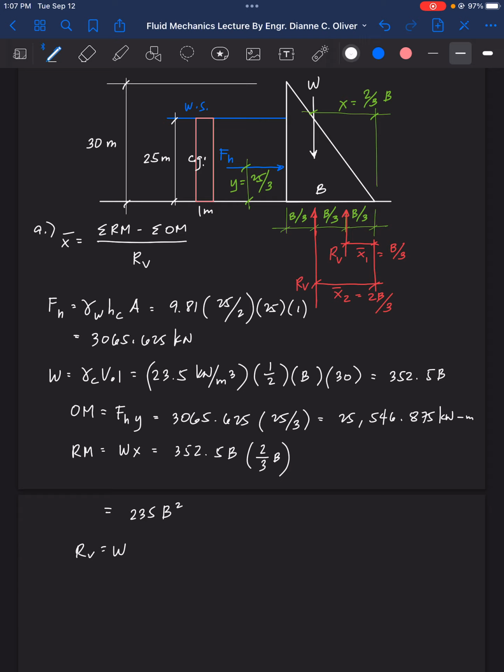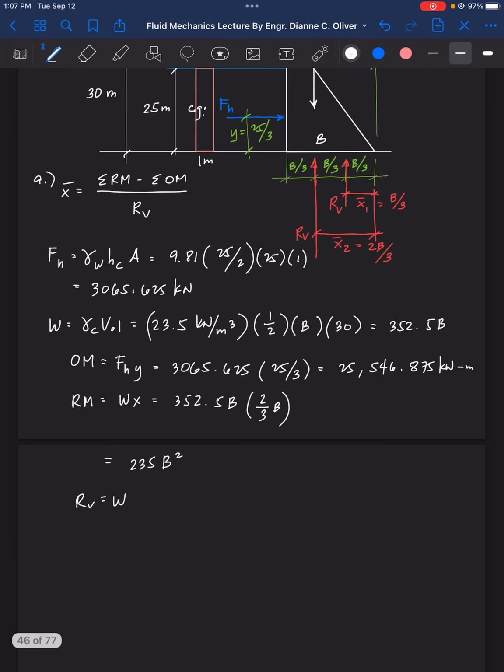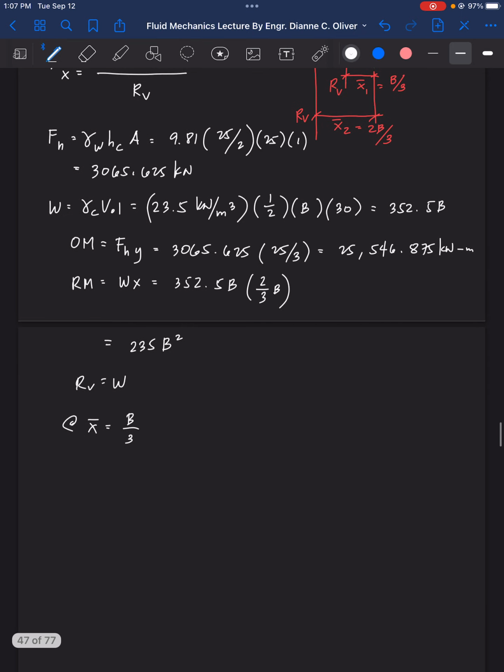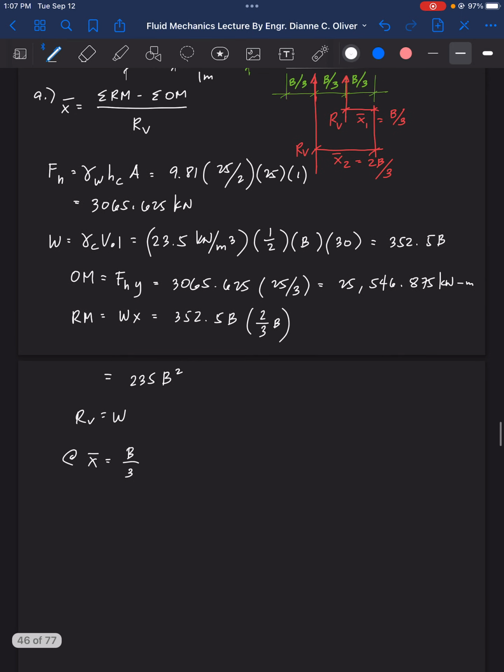Okay, now let's compute for the value of B at the two conditions, considering condition number 1 and then condition number 2. So we have here x bar at B over 3. So on the formula, x bar is B over 3, RM.